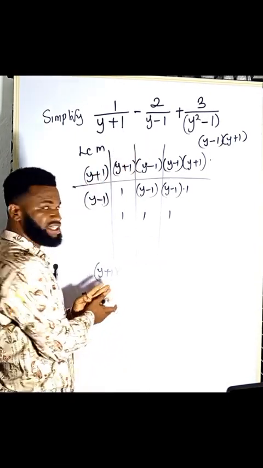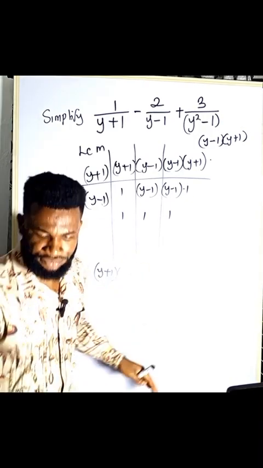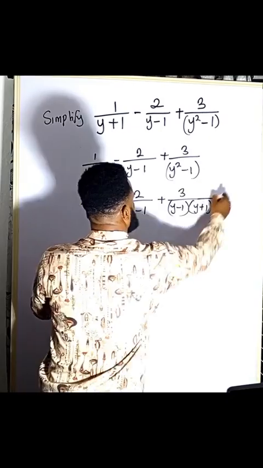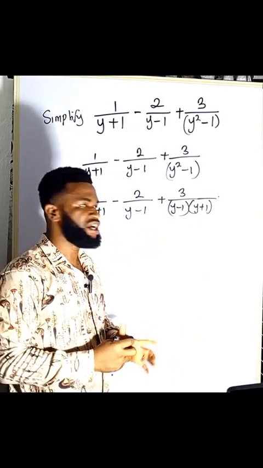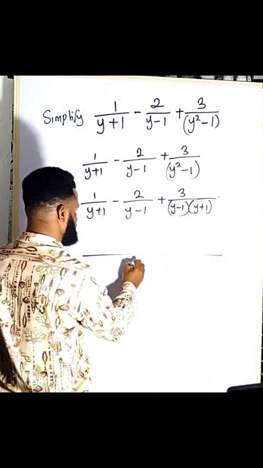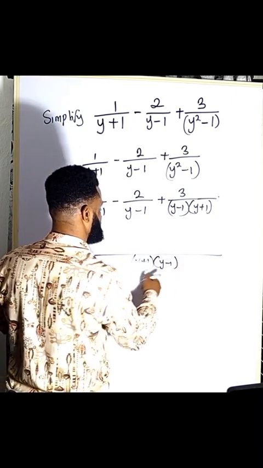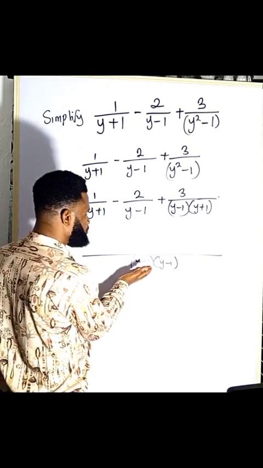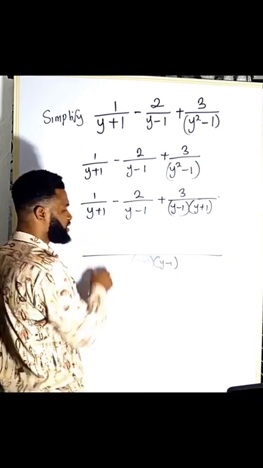So now that I know the LCM, I'm going to solve it. Now let's go to the next step. Let me clean. Since I have done this, remember we have found the LCM, and our LCM is y plus 1 and y minus 1. Y plus 1 multiplied by y minus 1 divided by y plus 1.